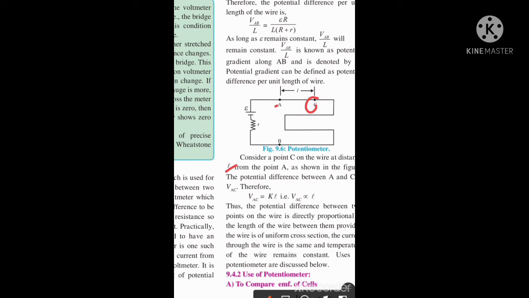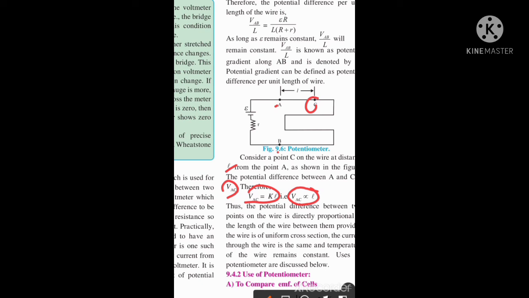Then the potential difference between A and C is given by phi AC, and the potential difference along wire AB is given by phi AB. Therefore, phi AC is equal to K into small l.